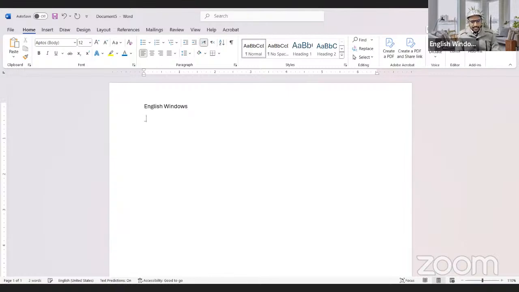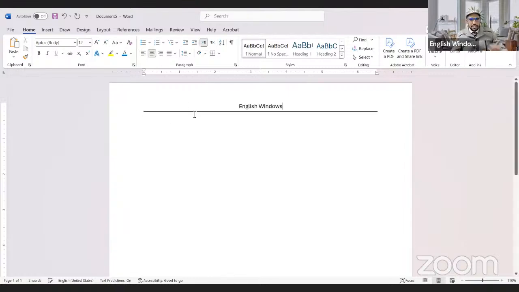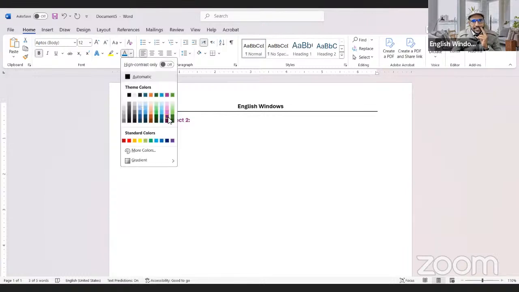Let's make it a title, a header, and then Control E to put this into the center. Writing project number 2. Here we go. Let's use some colors. It will be nice.